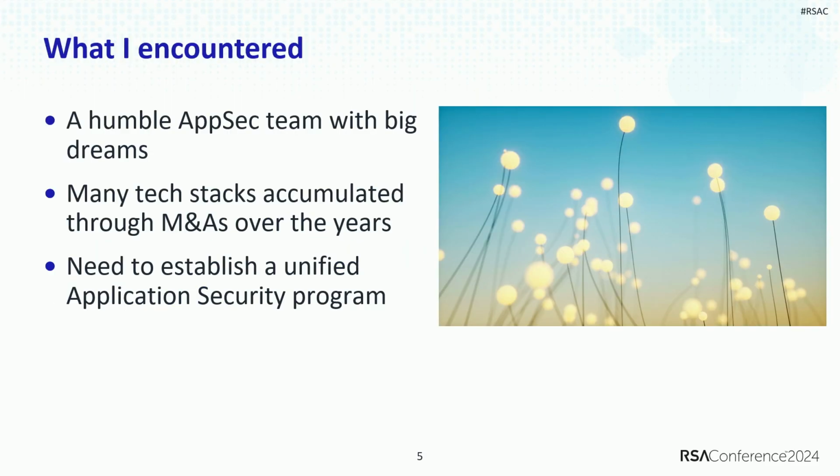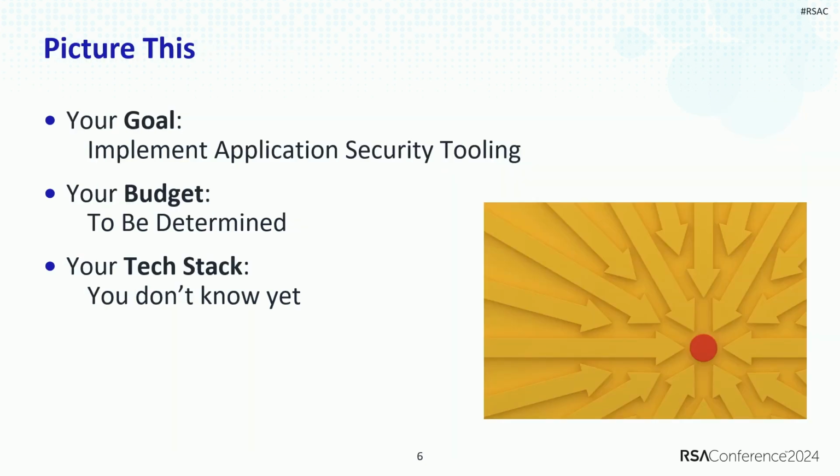So I started in a humble AppSec team with big dreams. Many tech stacks were accumulated through M&As over the years, and there is a need to establish a unified application security program. So that's where we began. Now picture this in your head.